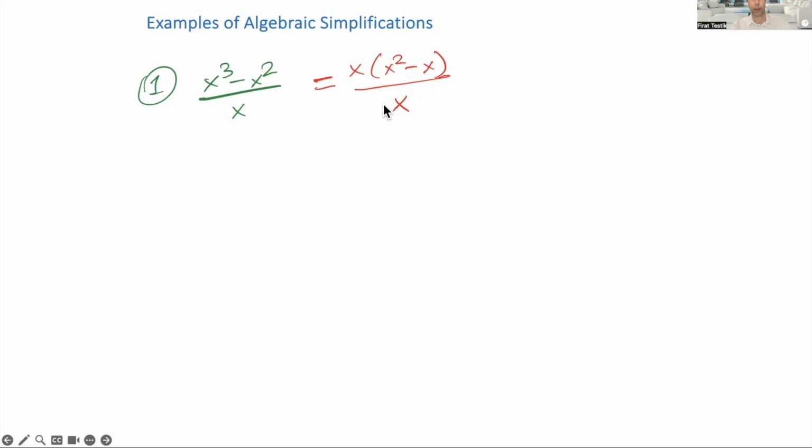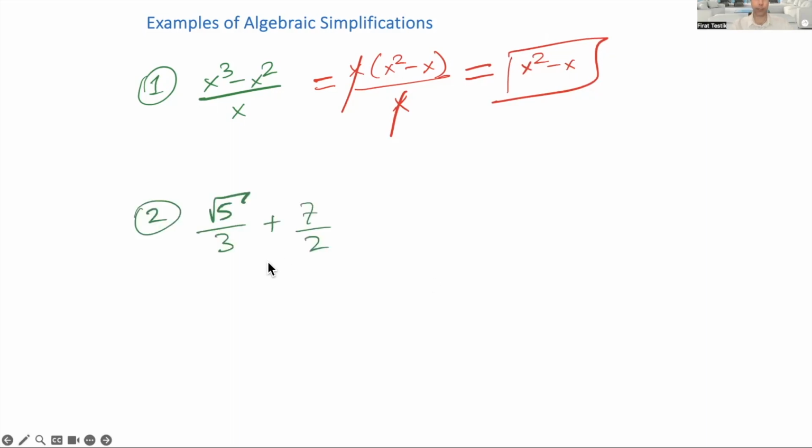And we also have x in the denominator, meaning that we can cancel x from the numerator and the denominator, and we are left with x squared minus x. If you want, you can write this using the common term x as x times (x minus 1). So it's basically the same expression.